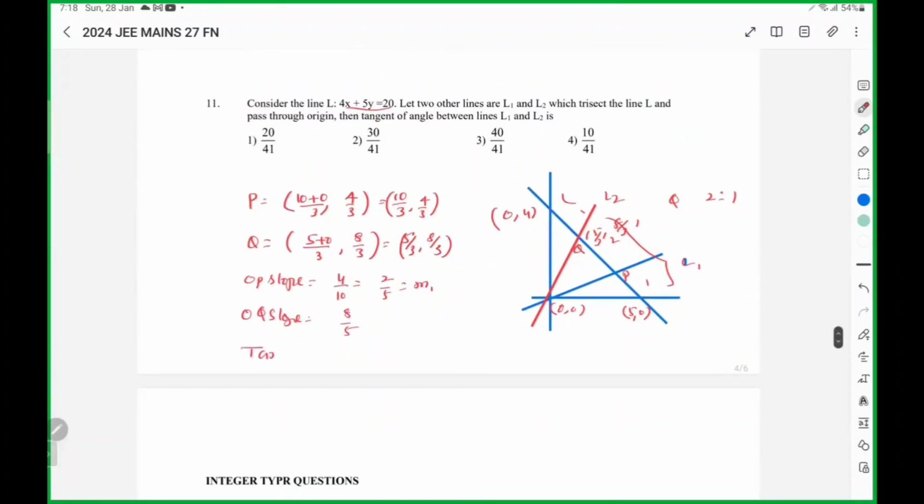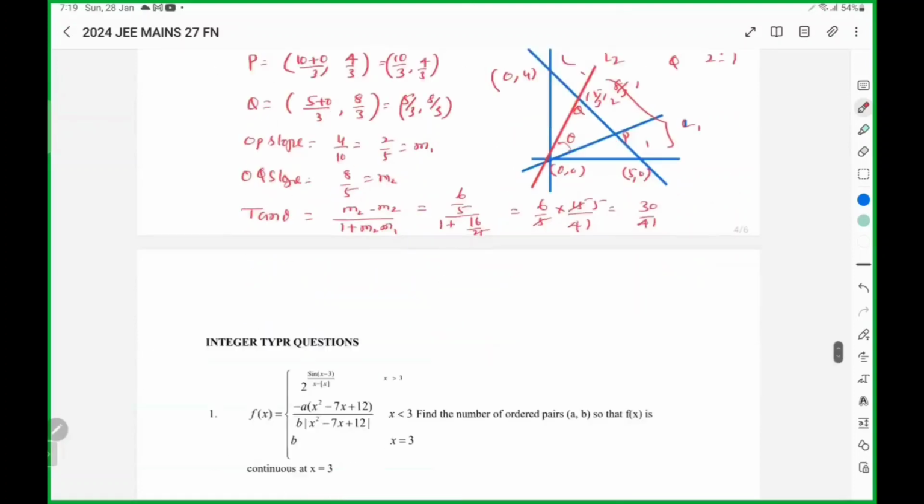So theta is what we have to find out. This is M2. M2 minus M1 by 1 plus M2 M1. 6 by 5 by 1 plus 8 into 2, 16 by 25. 25 by 41. We get 30 by 41.